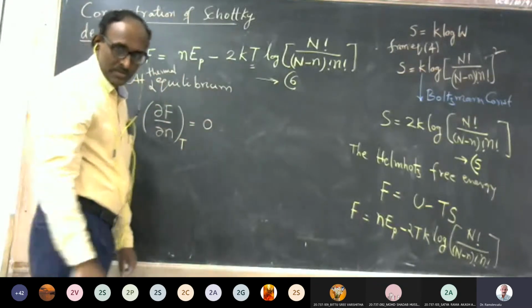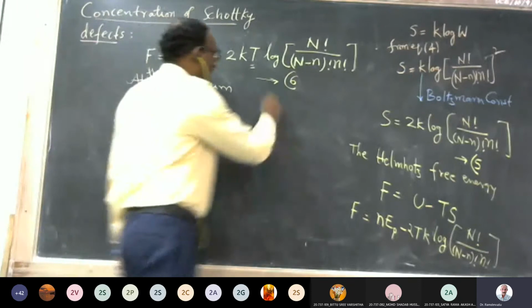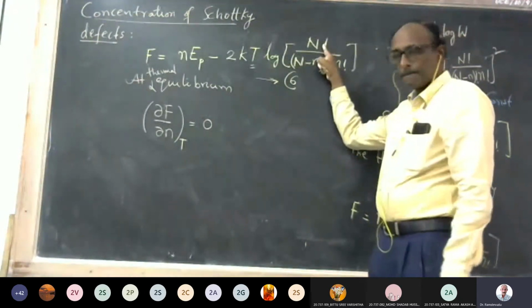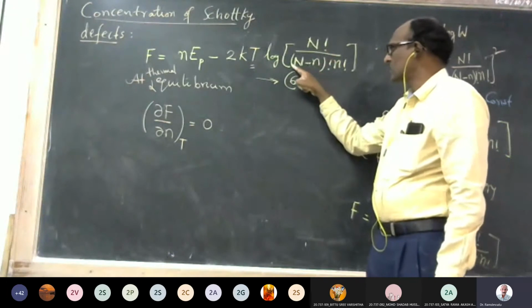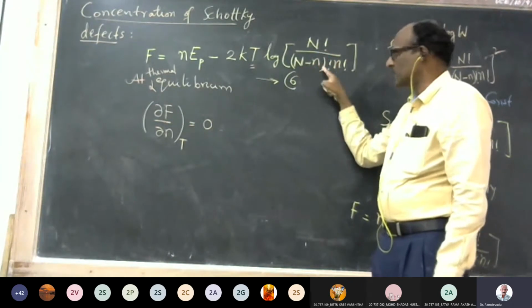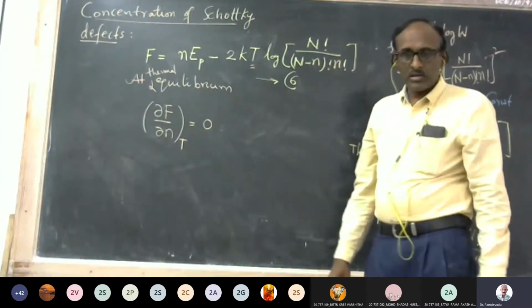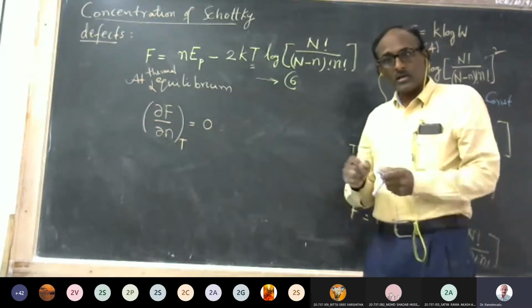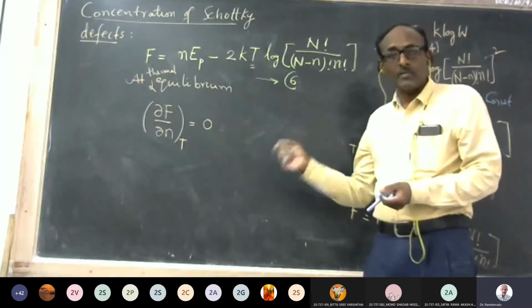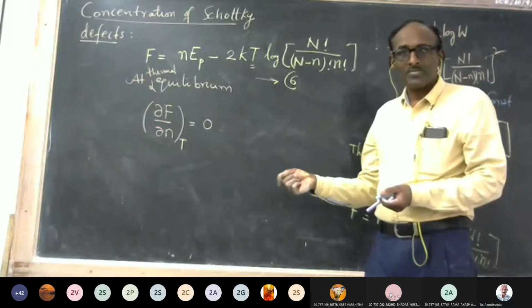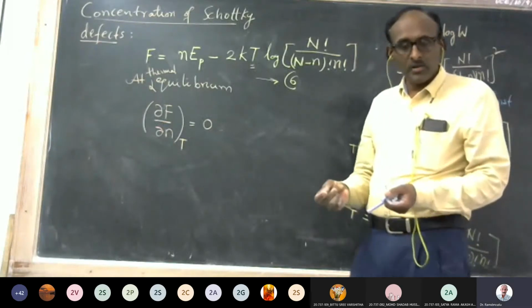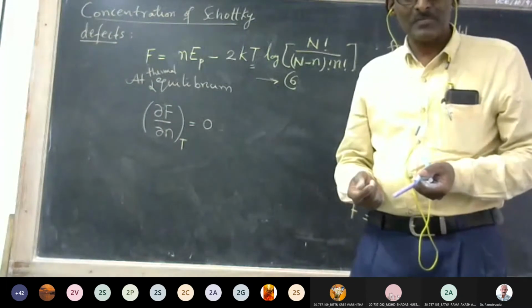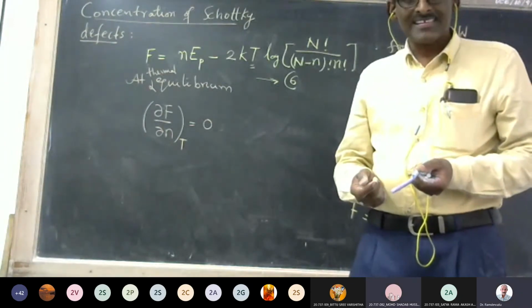But to solve this equation further, we have a problem here. I have log n factorial, and also log of n minus n factorial. So what is the value of log n factorial, or what is the value of log 100 factorial? Or do you know what is the value of log 1000? So that's a very big value, sir.